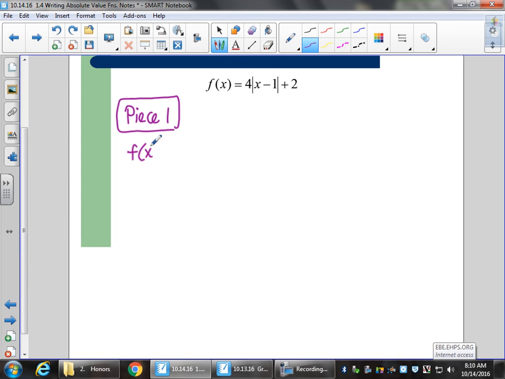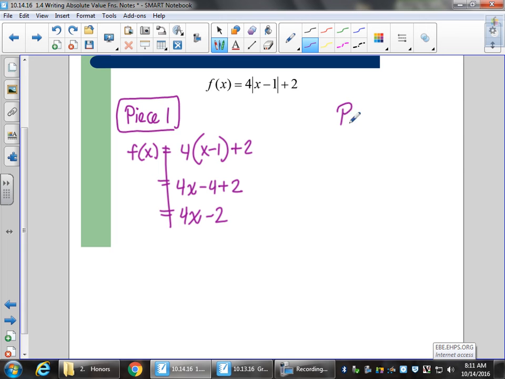So f of x equals 4, parenthesis, x minus 1, plus 2. Distribute 4. What's my expression? 4x minus 2. How do I get piece 2? Negative 4 plus 2? Negative 2. What do we do for piece 2? The opposite. So this will become negative 4.